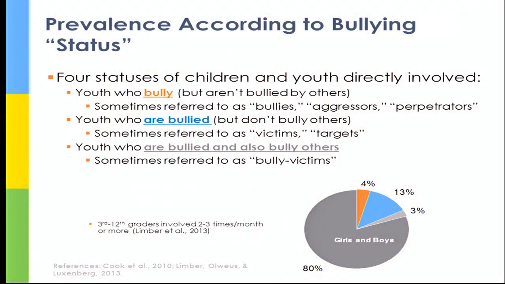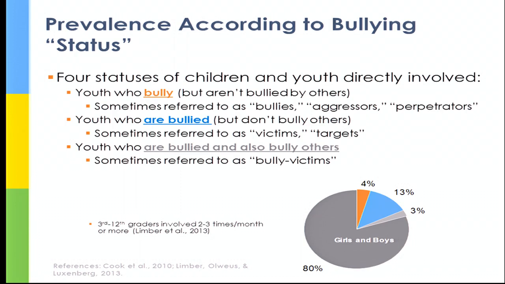A second group are youth who are bullied, but who don't bully others, sometimes referred to in the literature as targets or victims. And then a third group are youth who are both, who are bullied themselves, but also bully other kids, often referred to in the literature as bully victims.